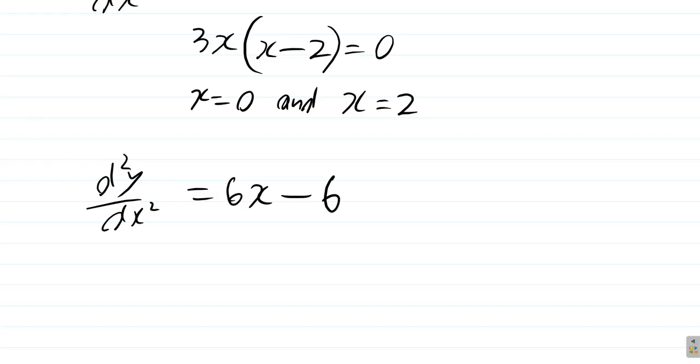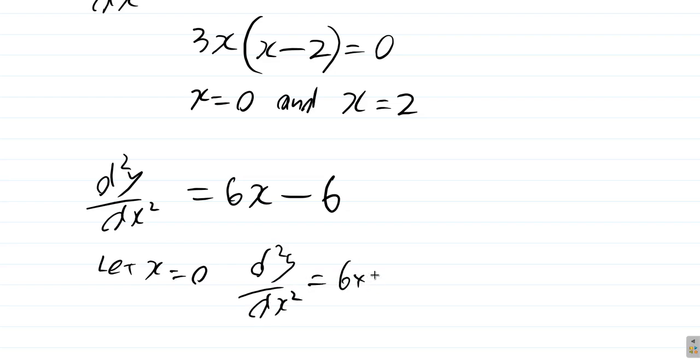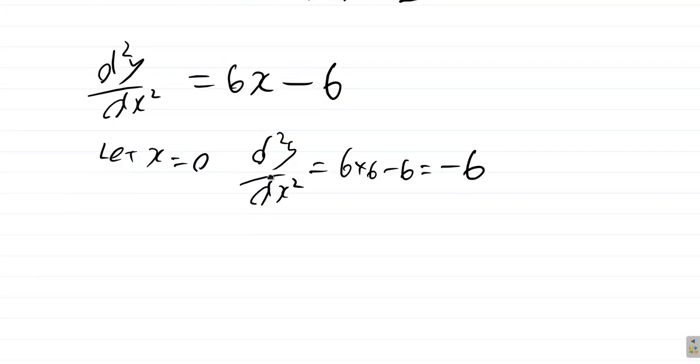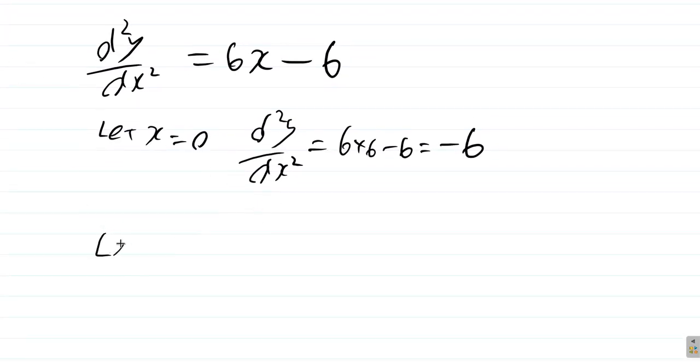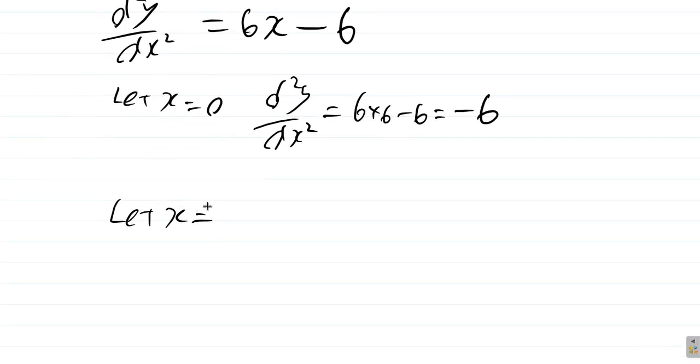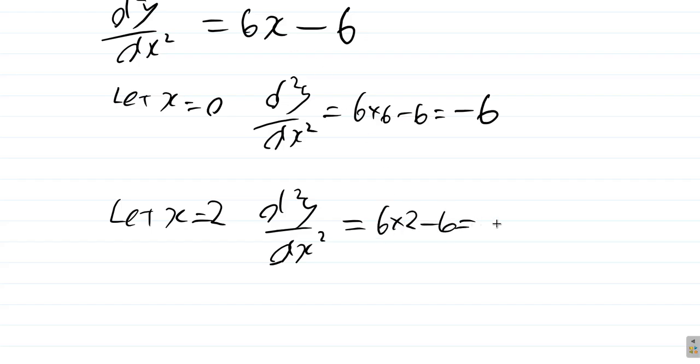Now, if you substitute x equals 0, d squared y by dx squared would be equal to 6 times 0 minus 6, which is negative 6. And then if you let x equal 2, then d squared y by dx squared would be equal to 6 times 2 minus 6, is 12 minus 6, which is 6.